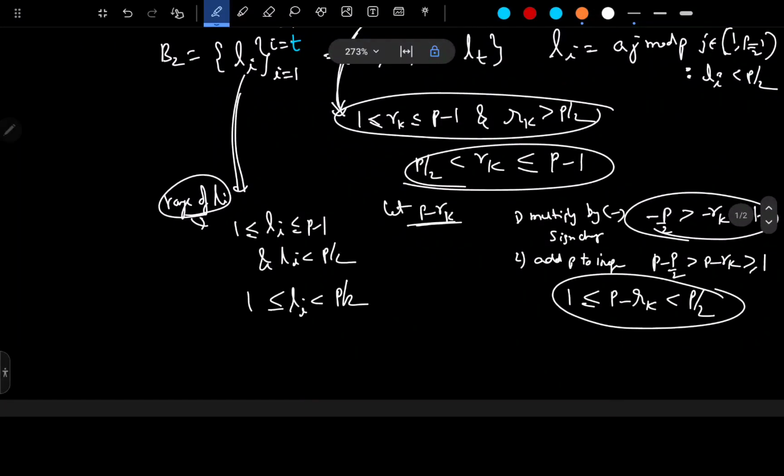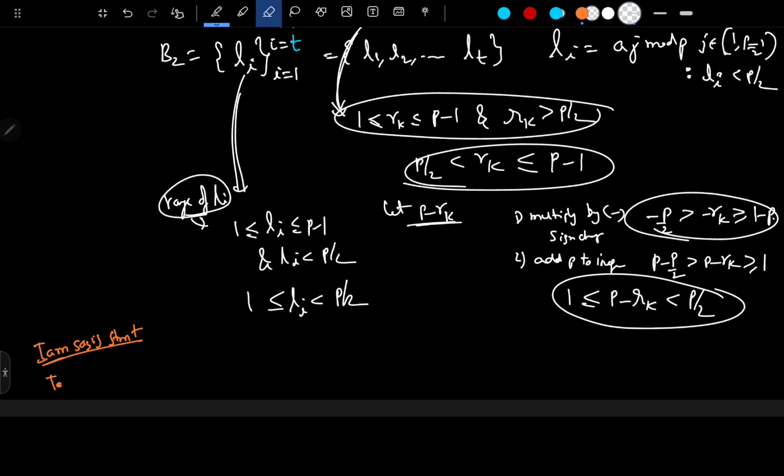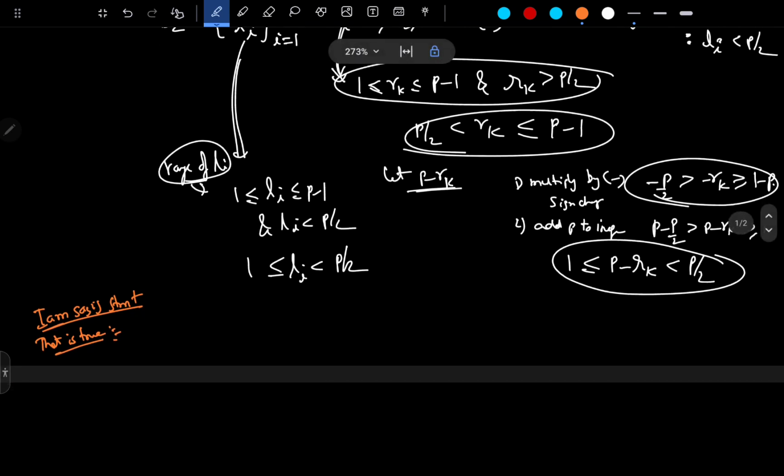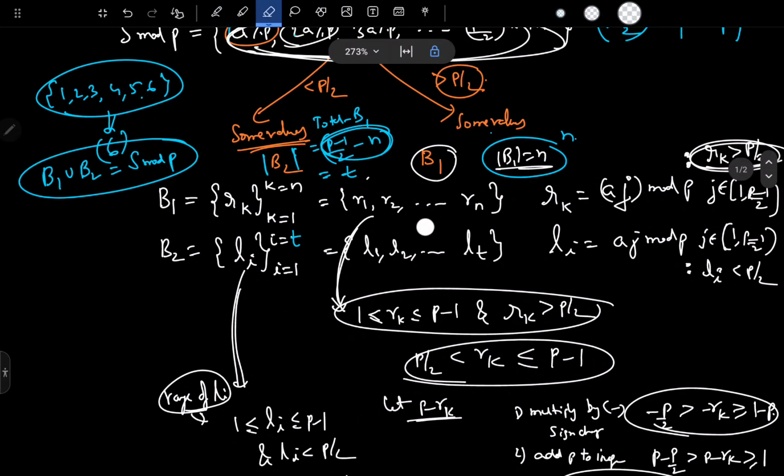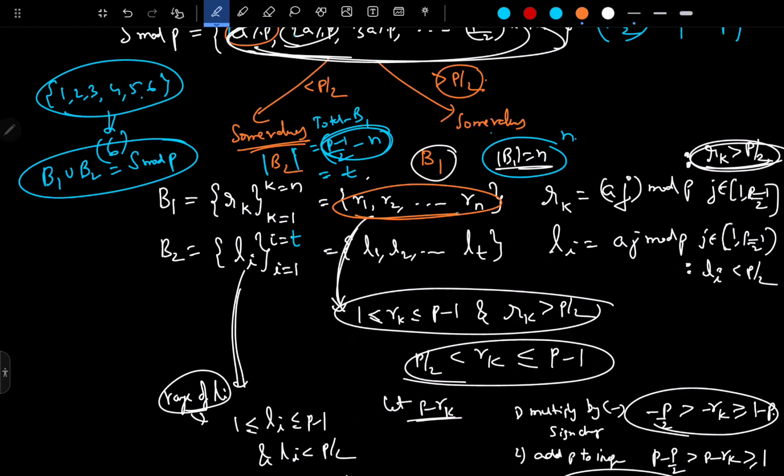So I am saying one statement, and that statement is perfectly true. Let's investigate it. First I will tell you the statement. Consider a set X. Now calculate P minus R1 for each and every value.